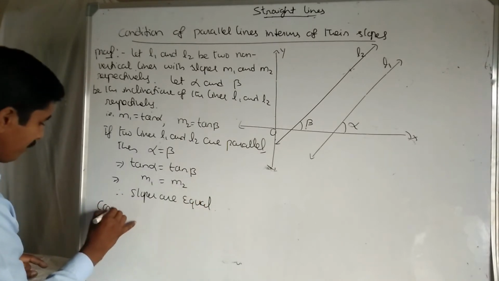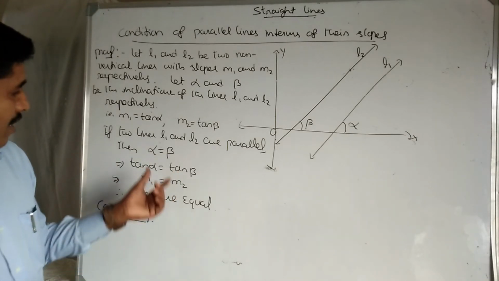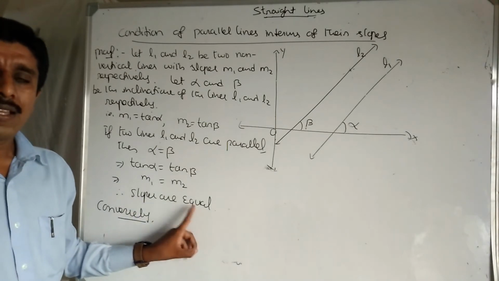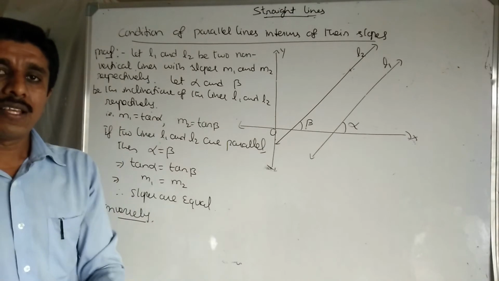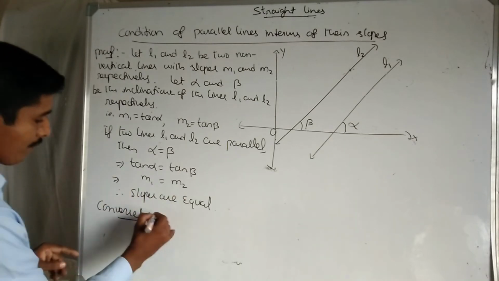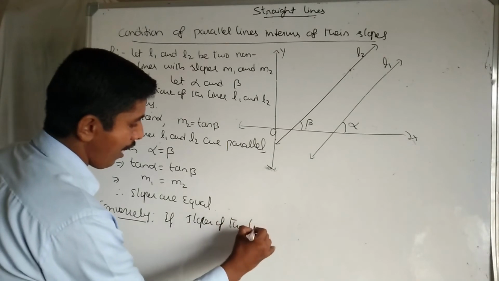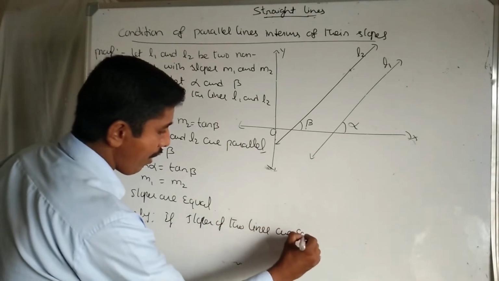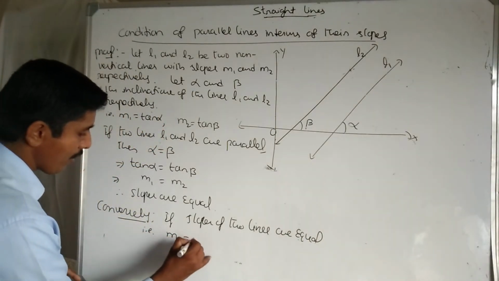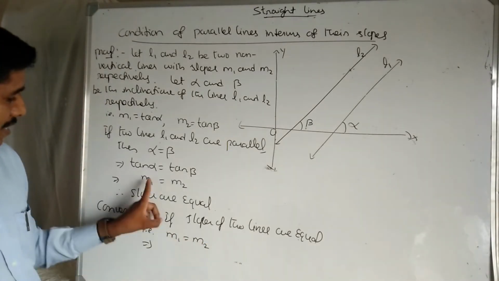Next, conversely. Conversely means reverse order. Here two lines are parallel, and we get that their slopes are equal. If the slopes of two lines are equal, are the lines parallel or not? Take m1 equals m2.